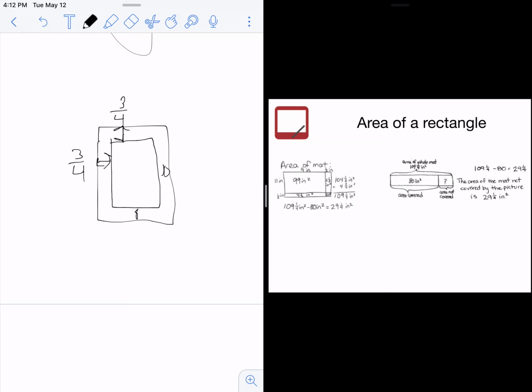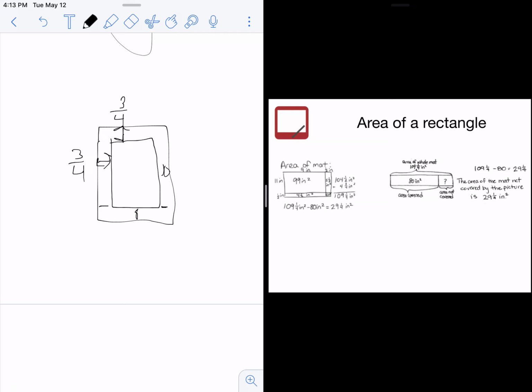So the area of the mat is 9.5 by 11.5. Okay, and how they got that is they added 3/4 inch here and here to 8.